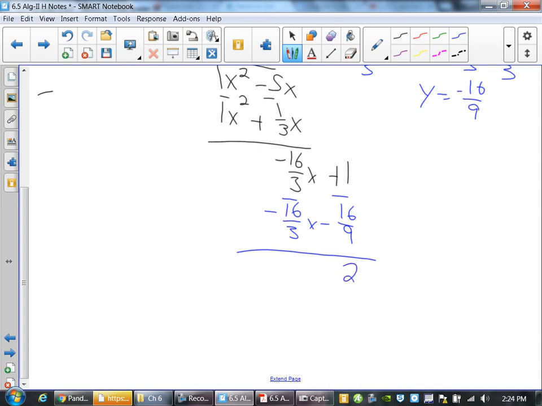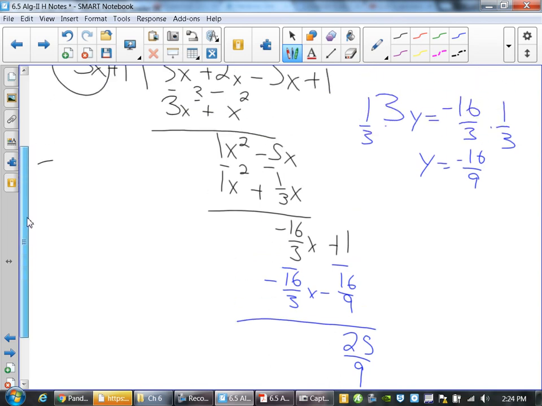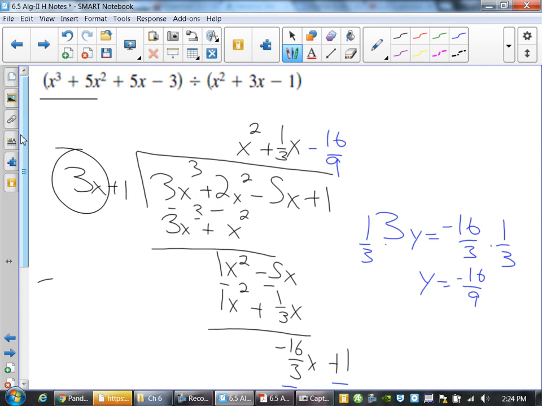And that's your fractional remainder. Oh, gross. That's gross, but it works. It just winds up being a complex fraction.